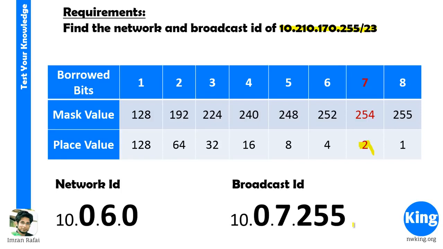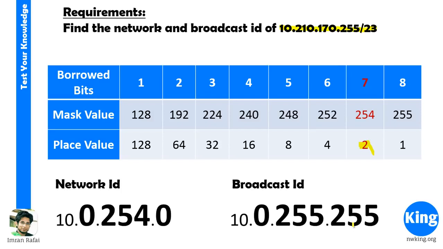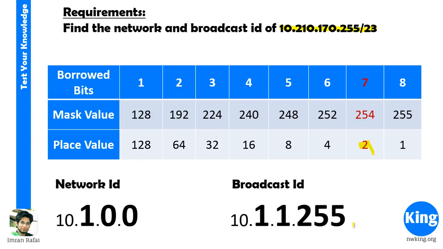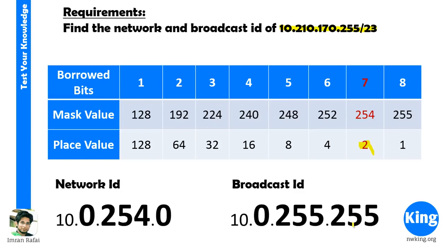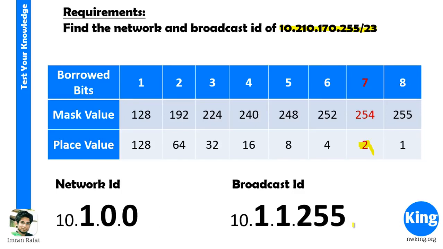10.0.3.255, 4.0, 6.0, 8.0. It goes on and on until it reaches 10.0.254.0. The next network ID is when you add 2 to it, it becomes 256. That's not valid. So it is 10.1.0.0. Remember, from 254.0, if you add 2, it will get reset and it becomes 1.0.